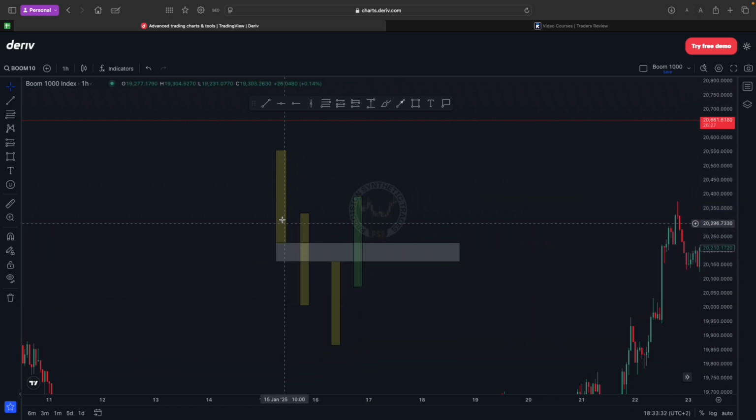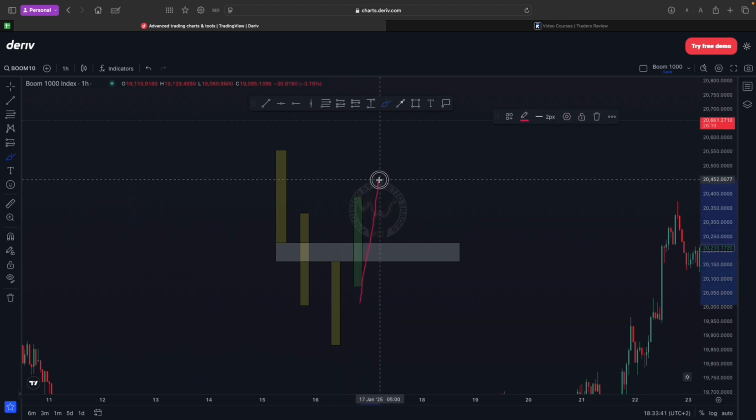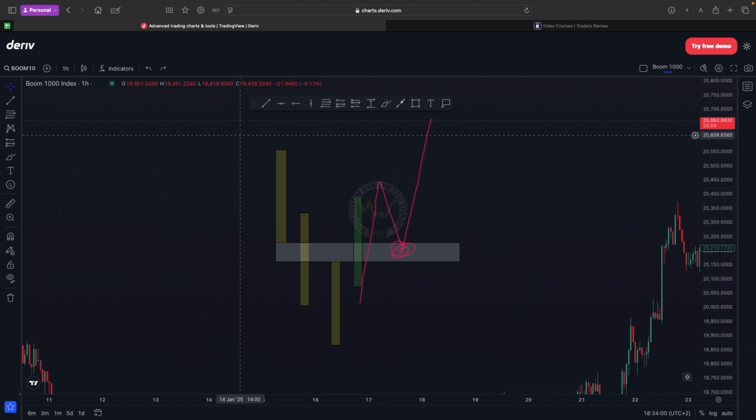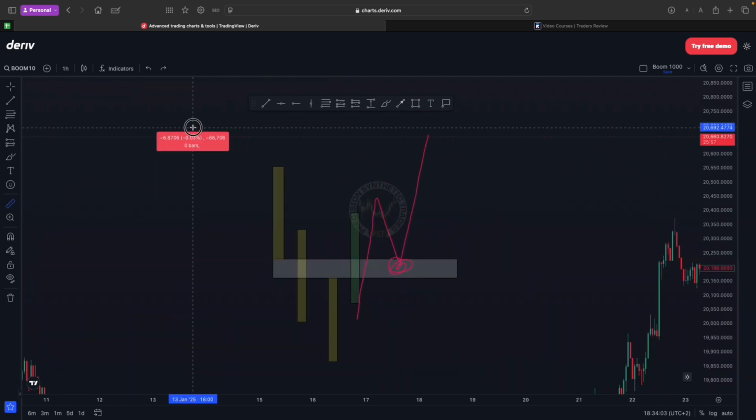So this is inversion. Price left a fair value gap, broke through it, and then what I'm waiting for is when price breaks through it, it needs to come down into the fair value gap area, and then it continues going the opposite direction. So I will show you how to spot it, how to identify it, and then yes, go test it yourself. Let me know in the comments how it goes.